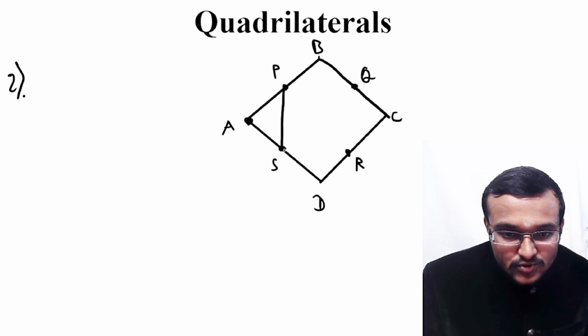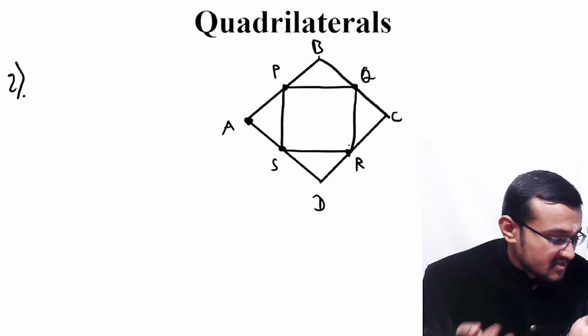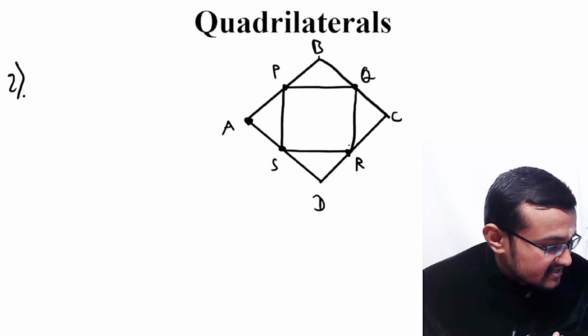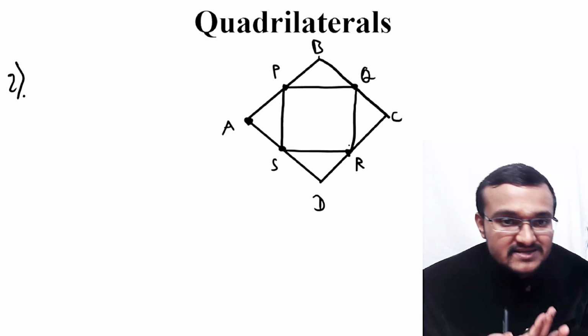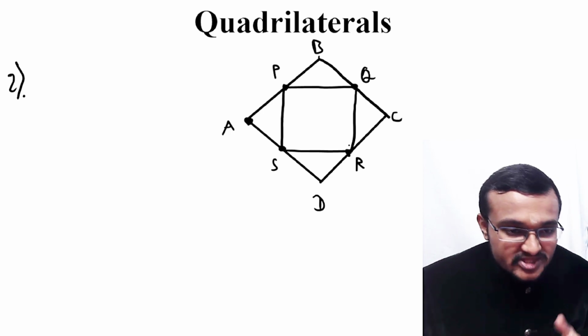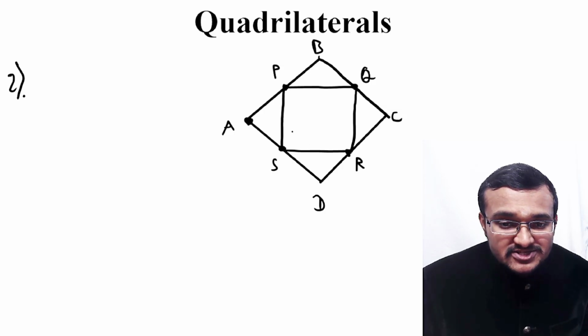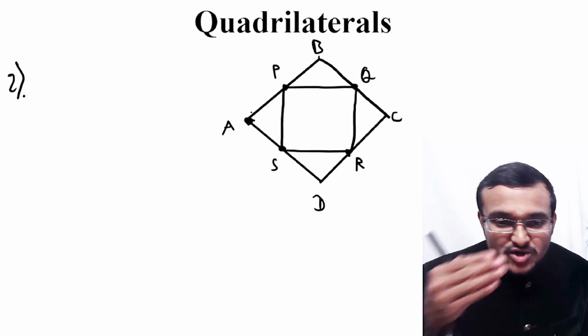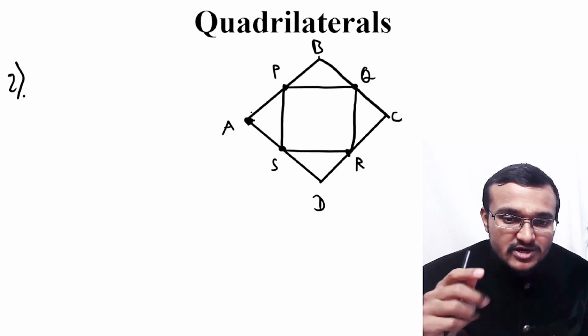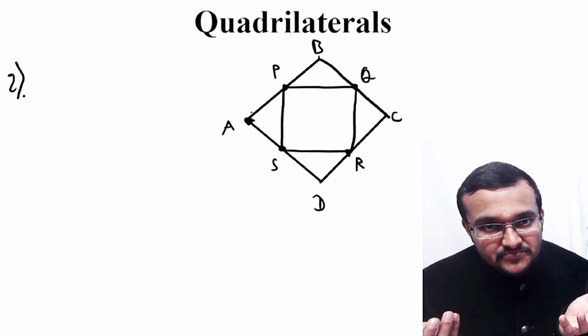So you need to connect all these points PQRS with each other and prove that PQRS is a rectangle. That is what you need to prove in this second question. In the first question, I have already shown that inside a quadrilateral, if you connect all the midpoints of the sides, it forms a parallelogram.